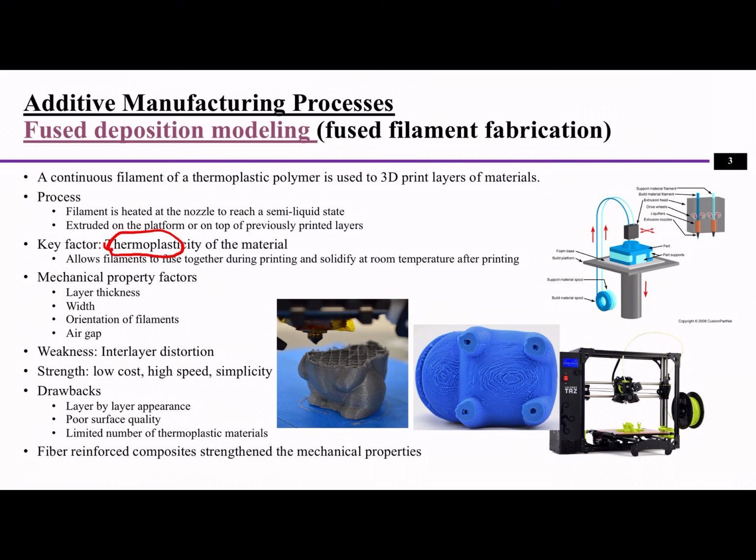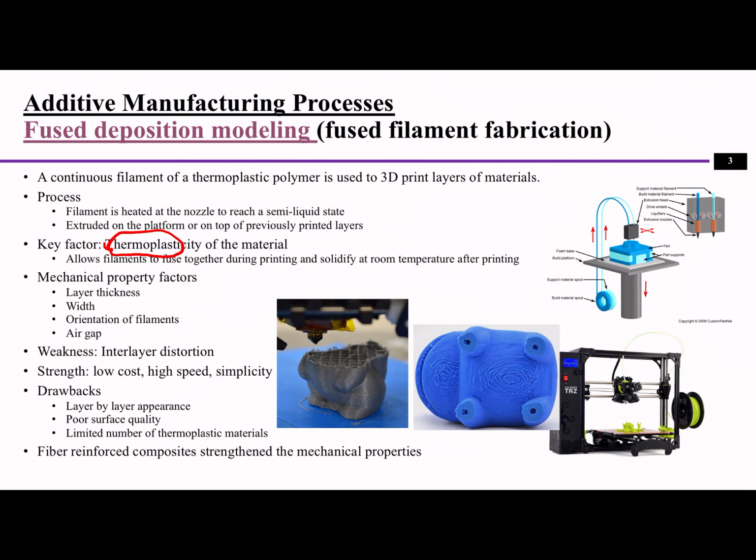And some of the mechanical property factors include the layer thickness. When you are printing a part, sometimes you might notice there are very clear lines about those layers of the filaments, and this is very typical in fused deposition modeling because the nozzle is depositing materials layer by layer.